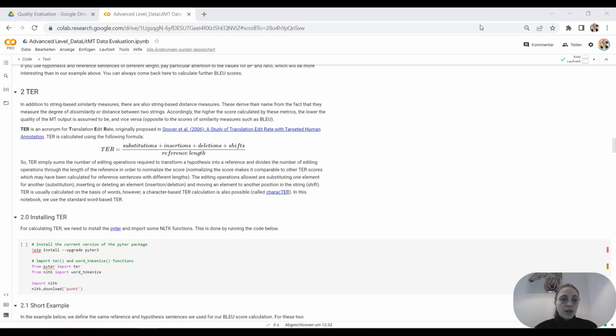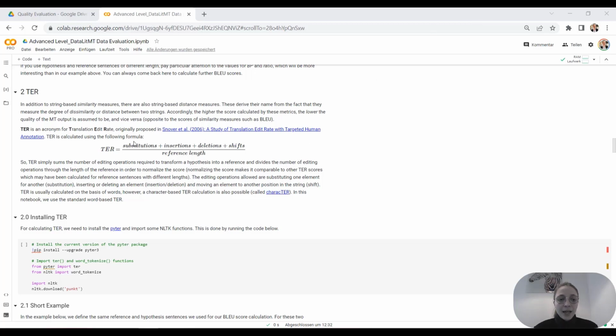So TER is also a string matching metric similar to BLEU, but whereas BLEU calculates the similarity of the hypothesis and the reference sentence, TER actually compares and calculates the dissimilarity, so how dissimilar the sentences are. And TER is calculated by the following formula here.